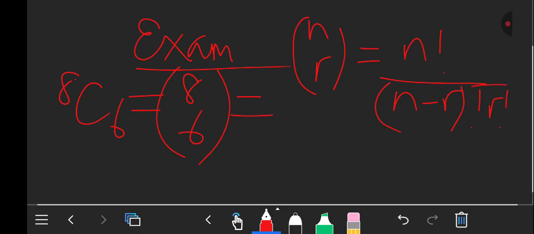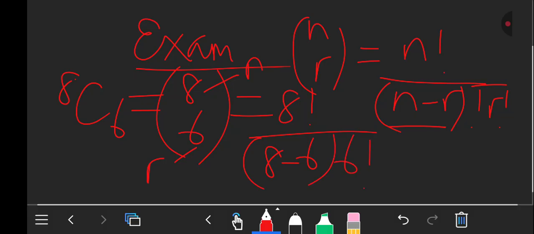This is the formula we use. So 8 combination 6 will be 8 factorial divided by 8 minus 6, since 8 is our n and r is equal to 6, then 6 factorial.